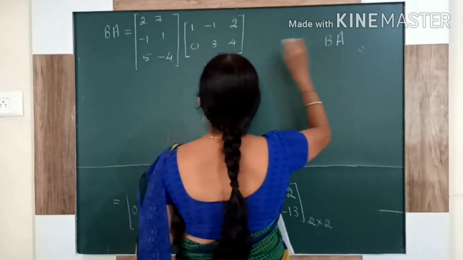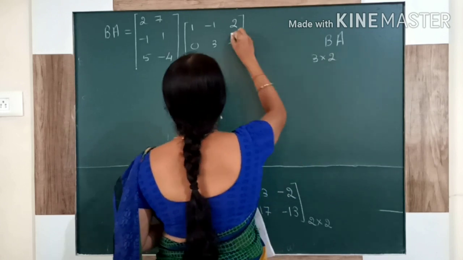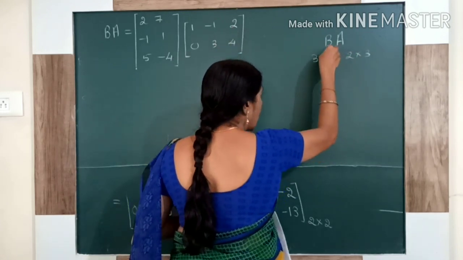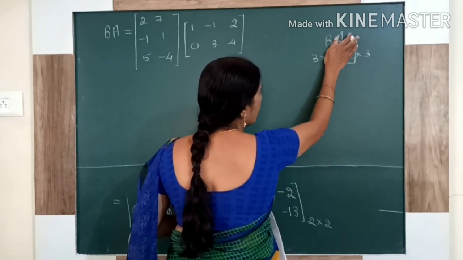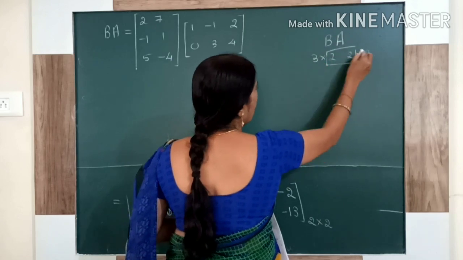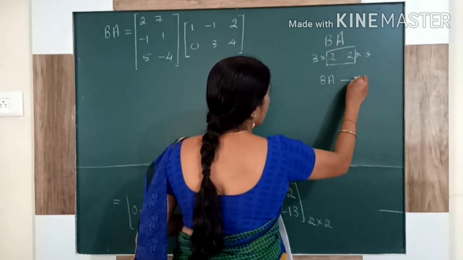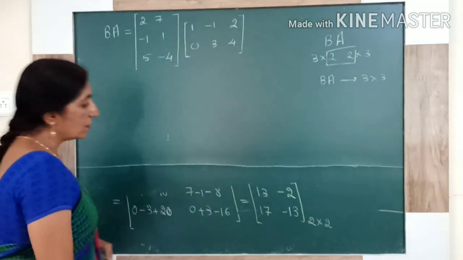BA: matrix B has the order 3 by 2 and matrix A has the order 2 by 3. Here the number of columns is equal to the number of rows. Close this. What is remaining? These 3 and these 3. Then what will be the order of BA? It will be 3 by 3. That means the multiplication is possible.